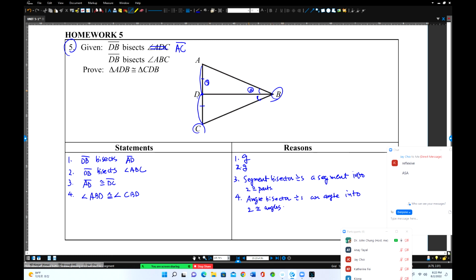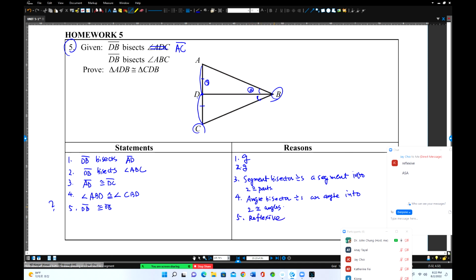We need one more, right? DB congruent to DB, reflexive.